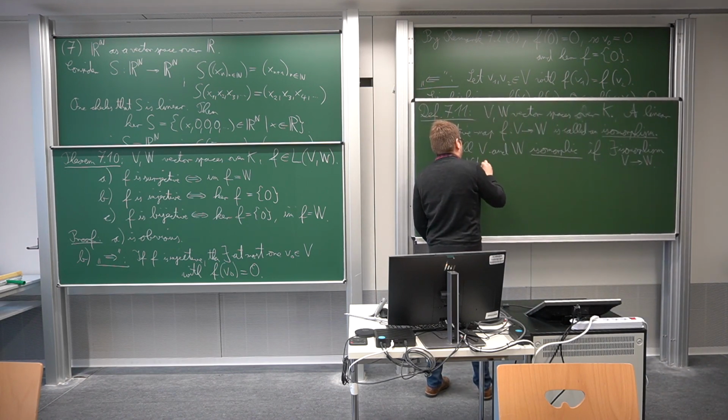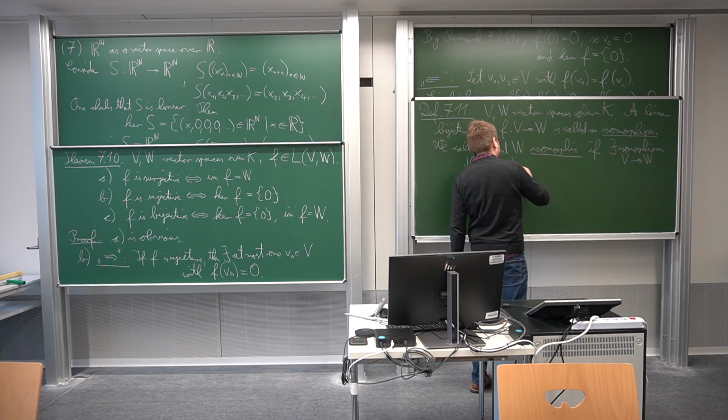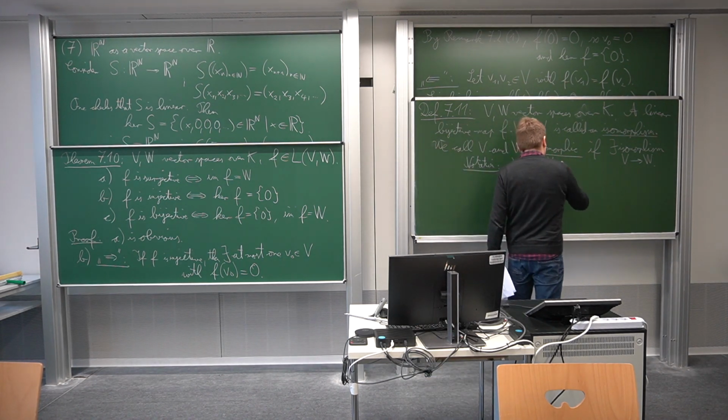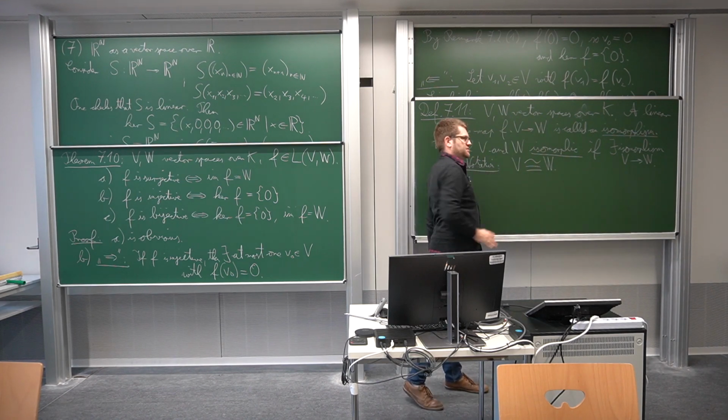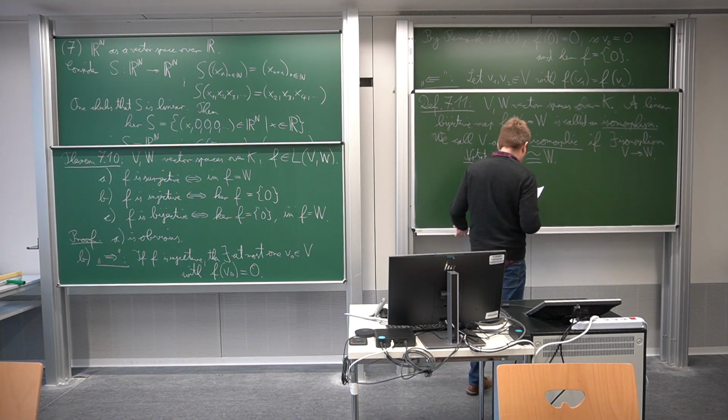If the two are isomorphic, as shorthand we write V, and then an equality sign with a tilde on top. This means V is isomorphic to W. This is what we will use later on. Okay, this is just notation.